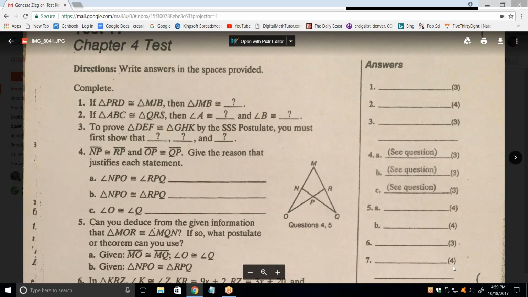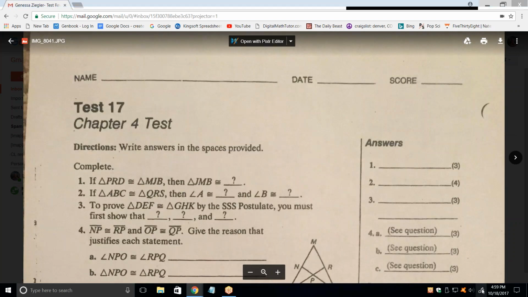All right, so do we want to start at number 1? Sure. Okay. What's triangle JMB congruent to? It would be RPD. Correct. And I'm not sure that it really matters here.